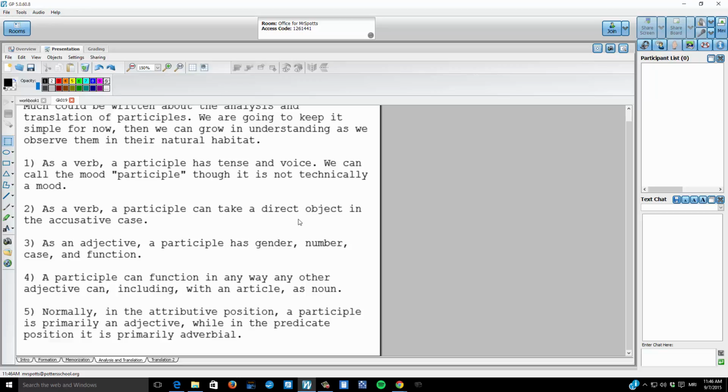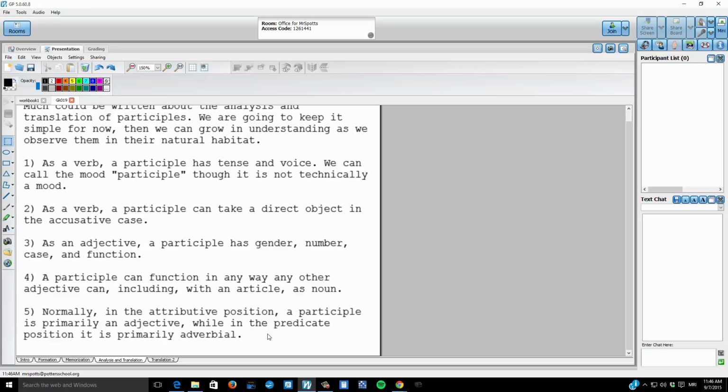And the participle can function in any way any other adjective can, including as a noun if it's got an article. So it can be a subject or describe a subject, or an indirect object, or possessive, direct object, object with a preposition, any of that. Normally in the attributive position, a participle will primarily be an adjective.